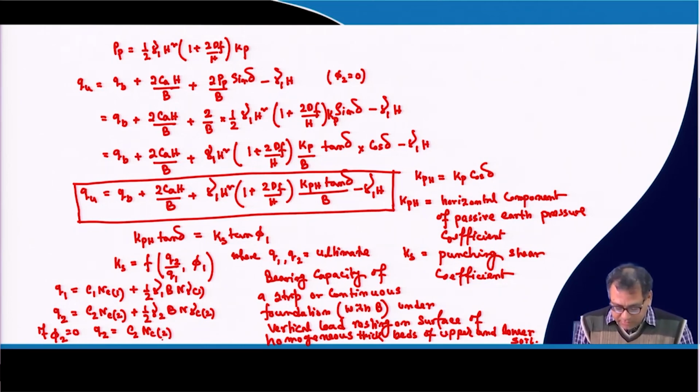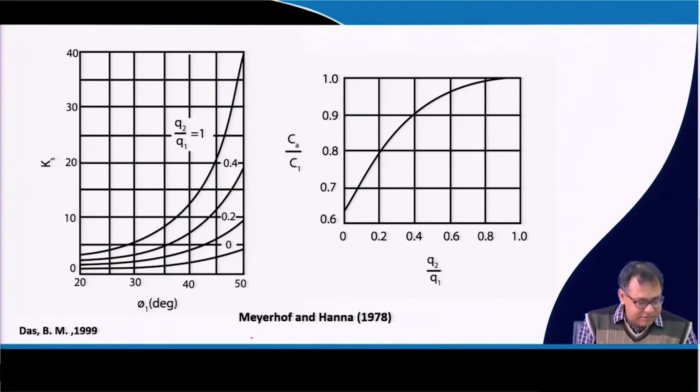But we are giving a general equation, that is why I have written C2 and gamma, meaning the first term and the third term also, as it is on the surface, so the second term is neglected. So, that means if phi 2 is equal to 0, then you will get Q2 as C2 Nc2.